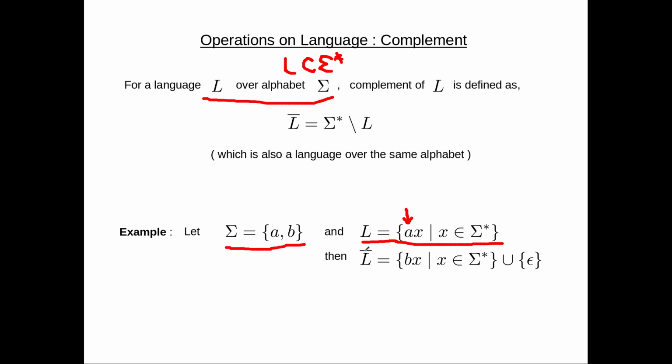So what will be the complement of this? All the strings which start with b, this part, but remember Σ* also contains the empty string, which is obviously not in L because it doesn't start with a. So this will also be part of the complement.